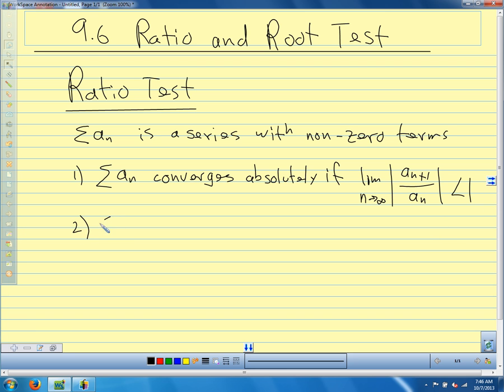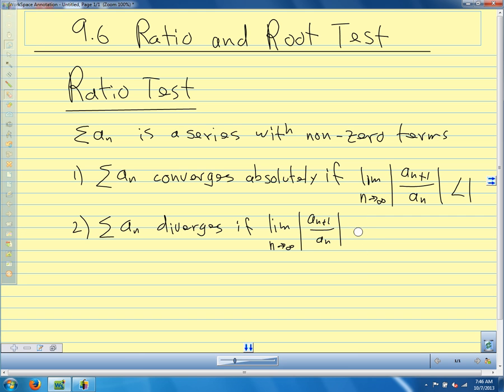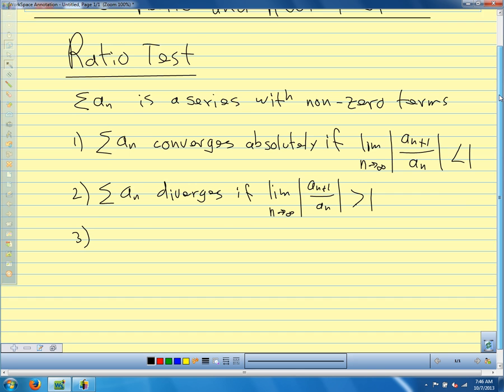Our series is going to diverge if that limit is greater than 1. And if the limit equals 1, we have no conclusion. We have to try something else.